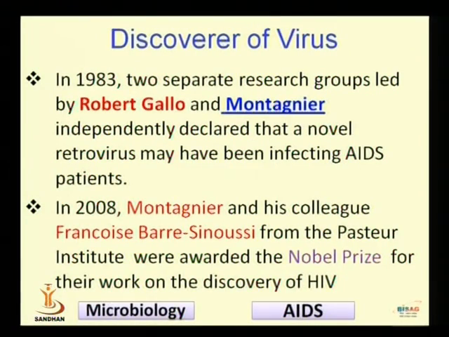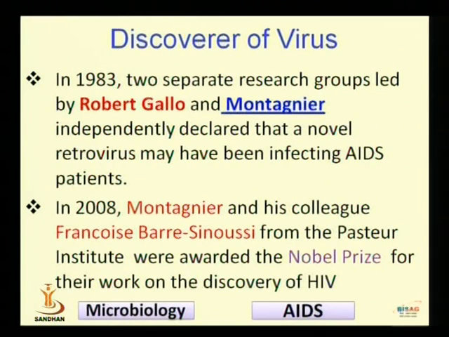Now, how was this virus, the causative agent of AIDS, discovered? In 1983, immediately after two years, when these people were studied in great depth and their blood samples analyzed, two groups of scientists working independently reported the same virus.